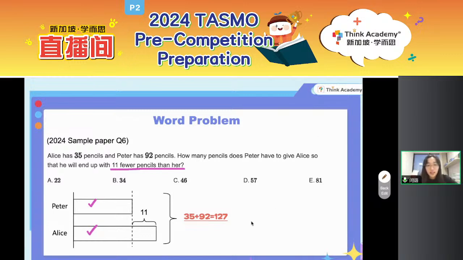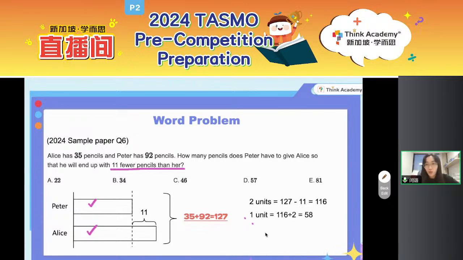It is just 127 minus 11, right? So you will get 116. Be more careful. I see some students got 117. No, 127. Don't forget the carry over, okay? Calculation part.